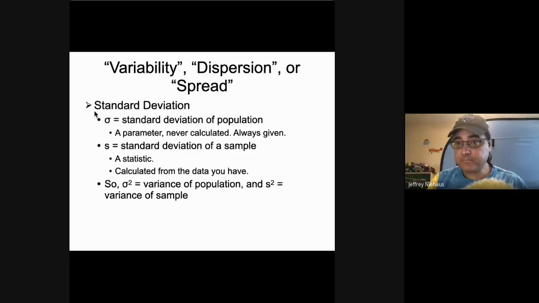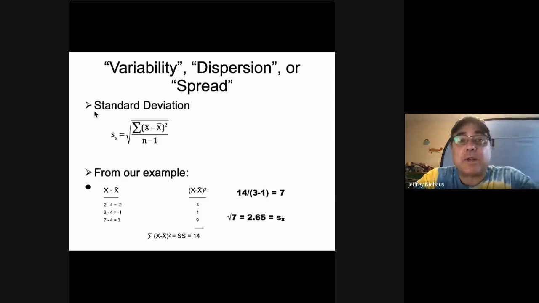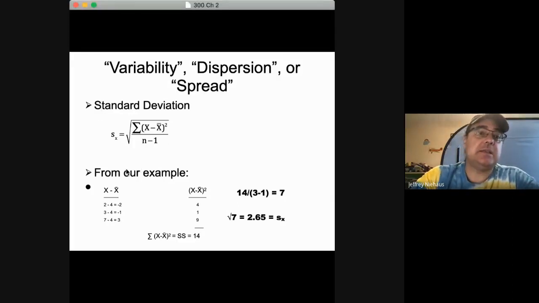Okay? So now we've got our typical expression of how much a value in a data set tends to differ from a measure of central tendency. That is standard deviation.